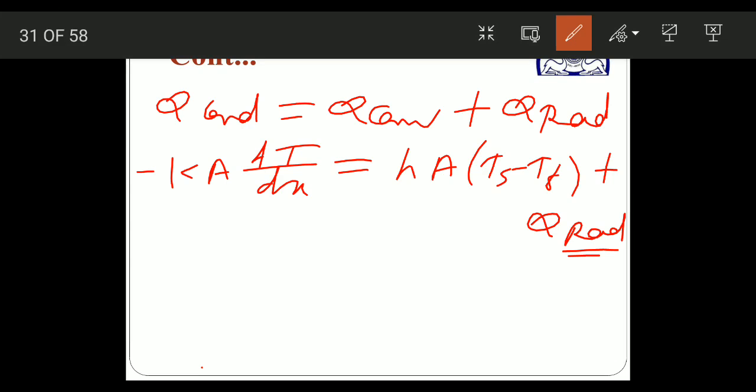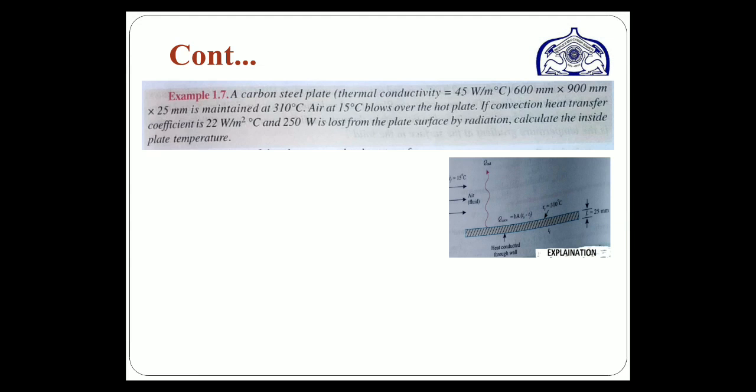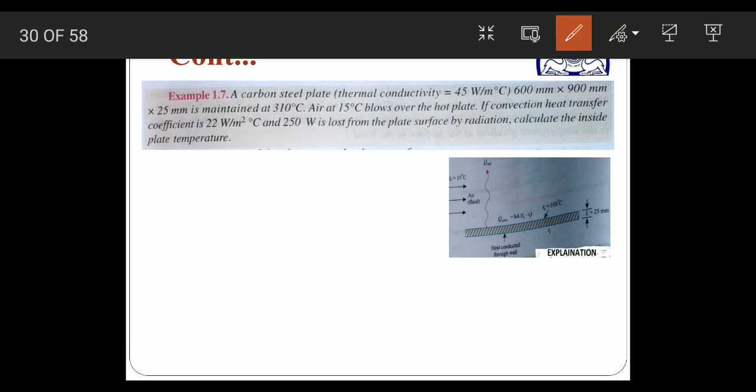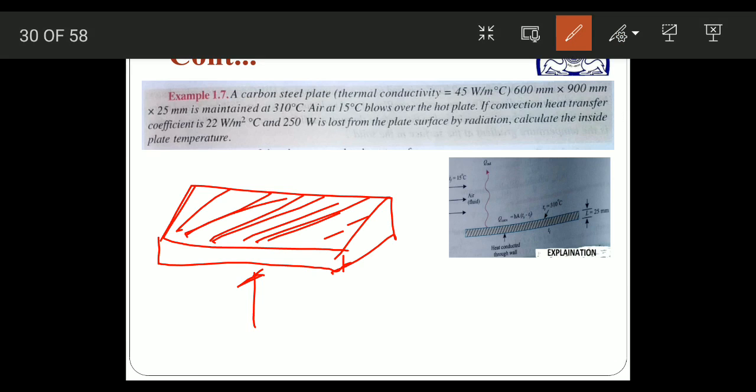But in this case, let us see which is the area. If you see this plate like this, which is the area of conduction? This area. Which is the area of convection? Again this area. And which is the area of radiation? Again the same area. So in all the cases the area is the same.